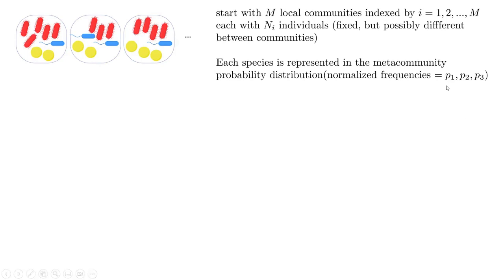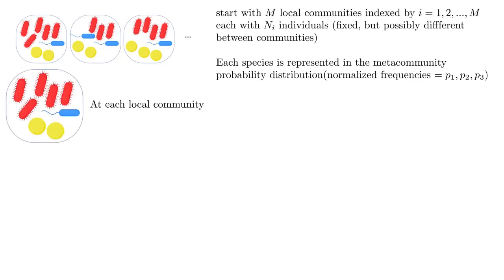In this particular case, it's very important that the dynamics in the local community is not what really matters, but you need to have a metapopulation. You need to have some source community from where species come. And from this source community, you define a probability distribution. So there is a probability for a species to colonize a local community.